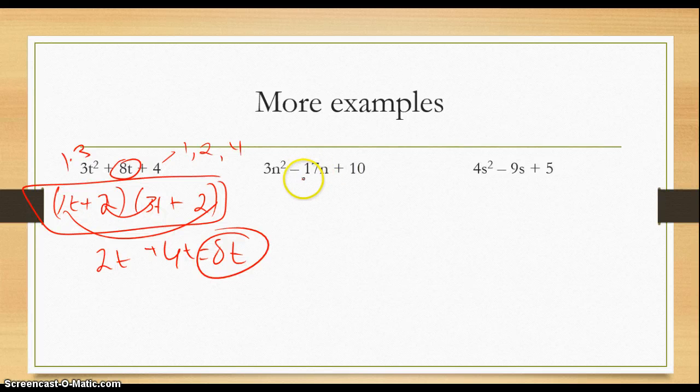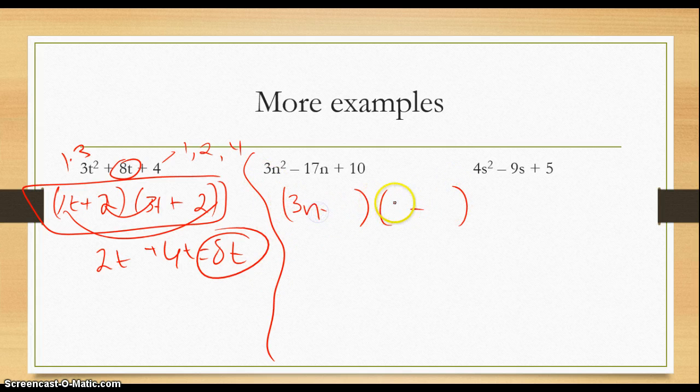So let's look at this one here. Signs are automatically negative, negative. 3n is prime, which works out perfect. Factors of 10: I need 1, 2, 5, and 10. Remember, I need negative 17 out.